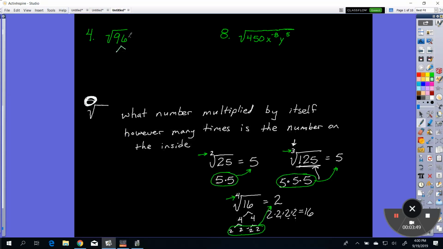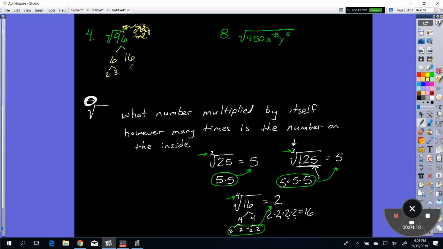I knew that 6 would go into it because it ends in an even number, which means it's divisible by 2, and 9 plus 6 is 15, which is divisible by 3. So if it's divisible by 2 and 3, it's divisible by 6. Anyways, that's just a trick on the side. You could have used whatever, you'll get the same answer. So 6 times 16, as we saw in the calculator, makes 96.